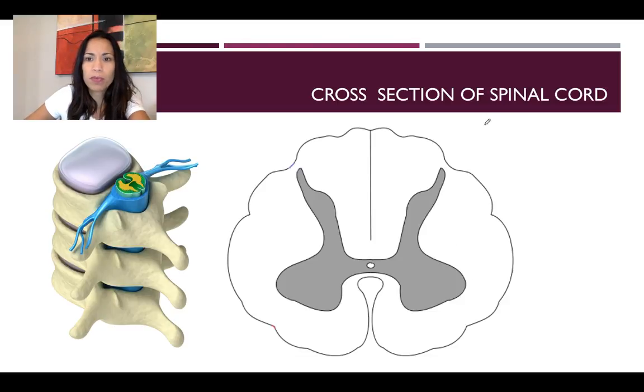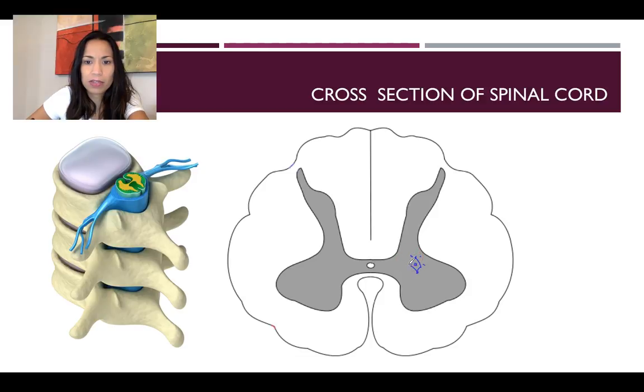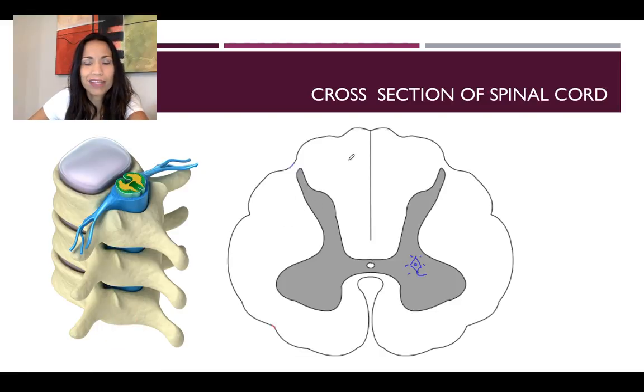So now remember, what do we have in the gray matter? We have the cell bodies of the neurons, the dendrites, and maybe some short unmyelinated axons. What are we going to find in the white matter?